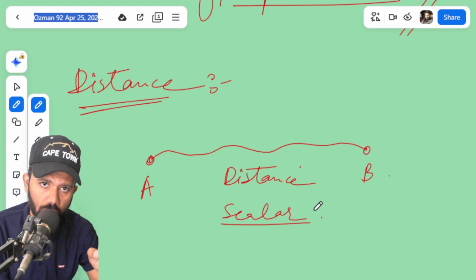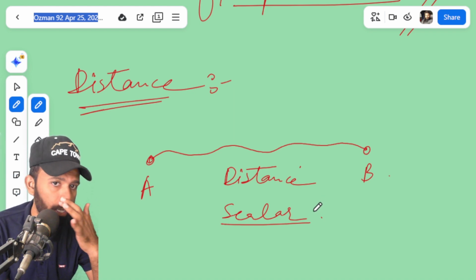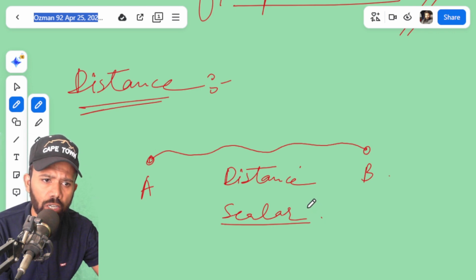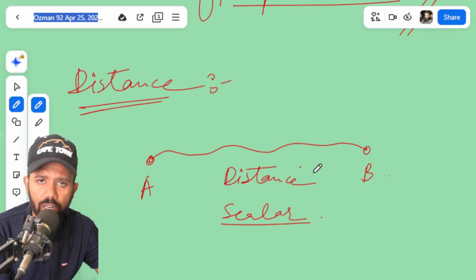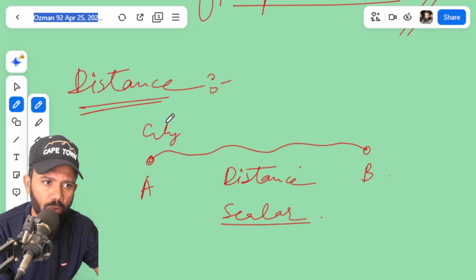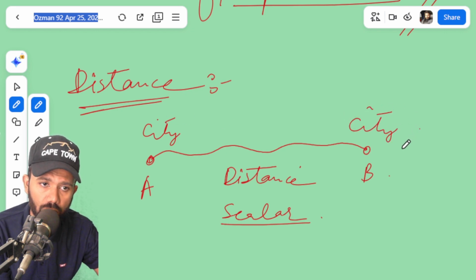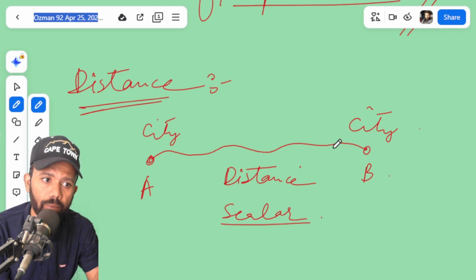You can change your direction. For example, you are moving from one city to another city, city number 1 and city number 2, and you are traveling in your car. Definitely you're not going to get there in a unidirectional path. You can change your direction, right? So what are you covering? You are covering a distance, right? So the longest length you can say between 2 points is called a distance.